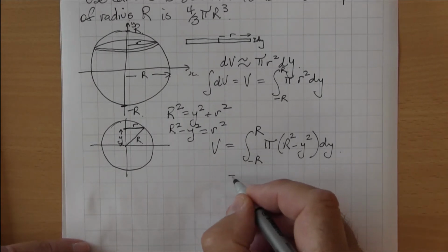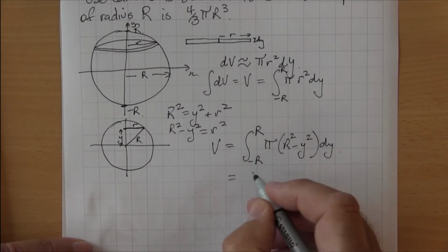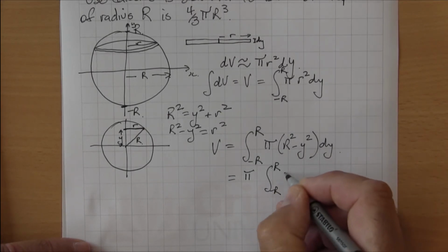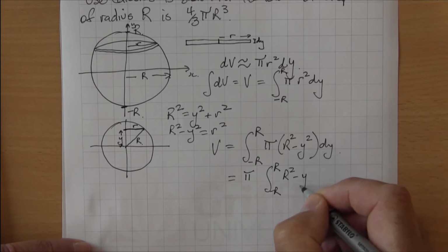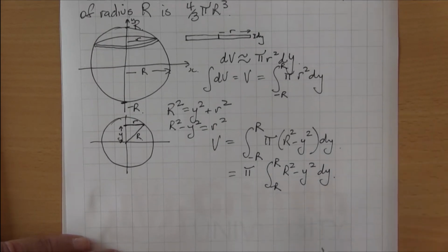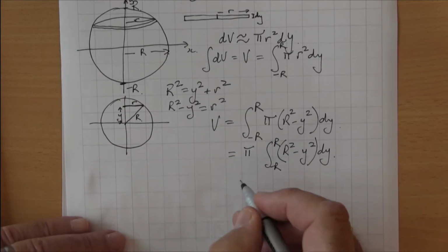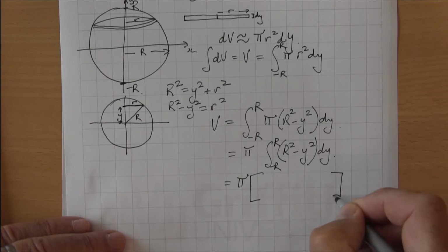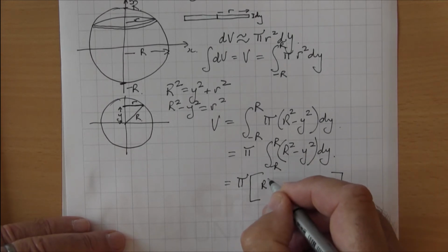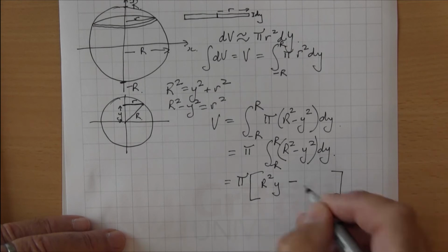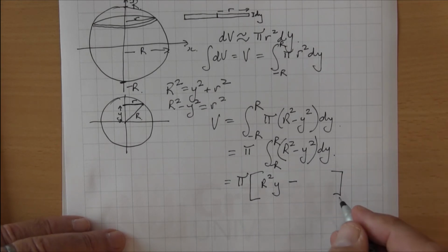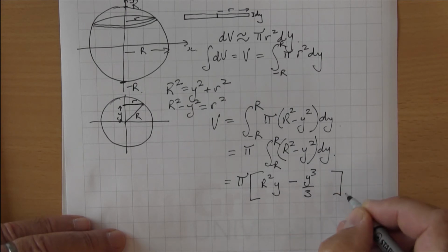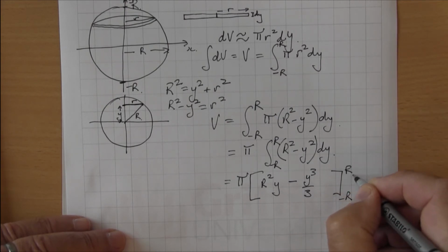Okay, and that'll be equal to, the pi will come out the front, the integral from minus R to plus R of R squared minus y squared dy, equals pi. We can now do the integral. R squared is just a constant, so that'll be R squared y minus the integral of y squared, add a power on the power, y cubed on 3, between minus R and plus R.